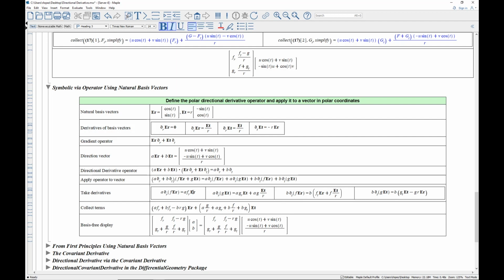When you collect all the e_r terms and the e theta terms, there were 3 here, but now there are 4 here. And if you dispense them into a matrix vector representation, there's your f_r, there's your f theta, and there's your rg. This fellow goes down, let's take the g sub r first, and then g over r here, and then the 2 terms that are multiplying b, f over r, and dg d theta.